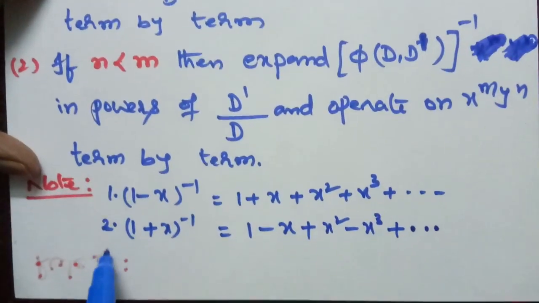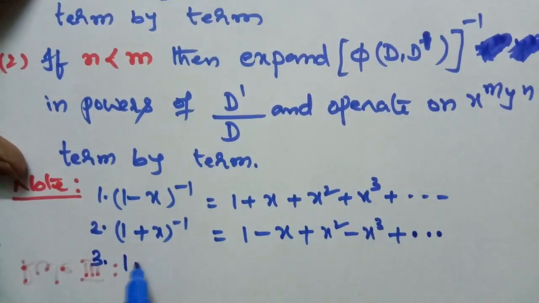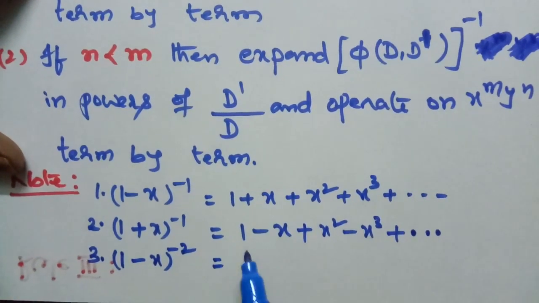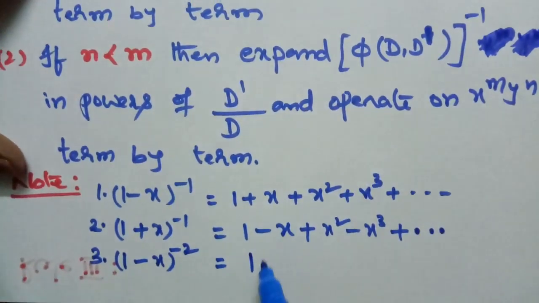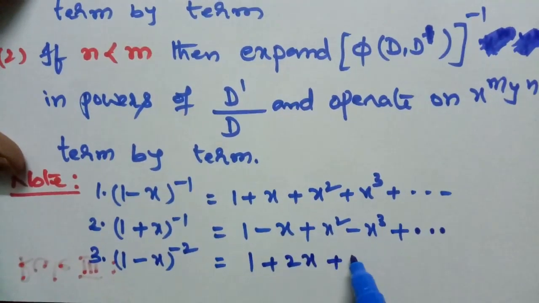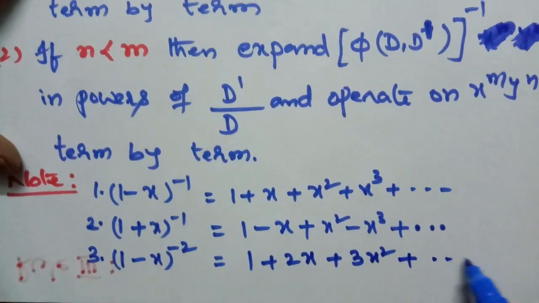Alternatively plus and minus. Third one, (1 minus x) whole to the power of minus 2 is 1 plus 2x plus 3x square plus and so on.